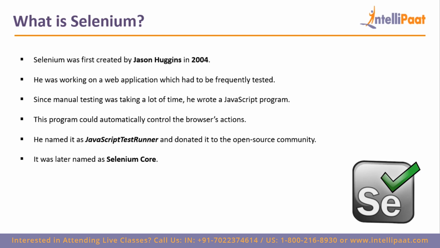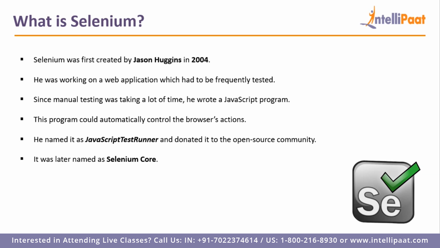So he thought of a hack wherein he created a JavaScript program which could control the browser actions and do whatever actions are required on his website to get a particular result, which he could then validate using his JavaScript program.